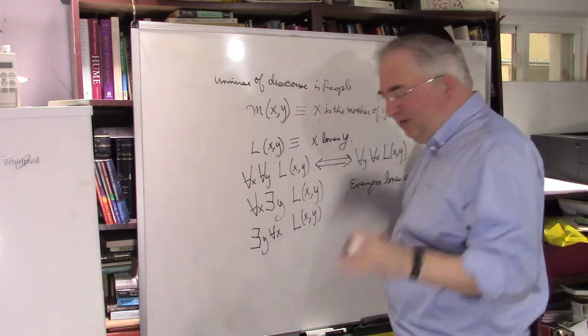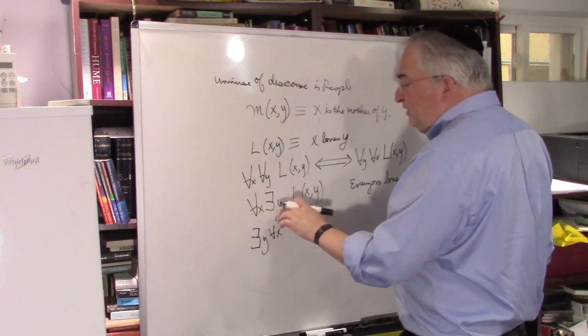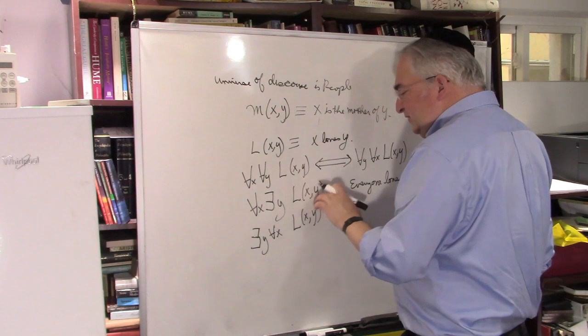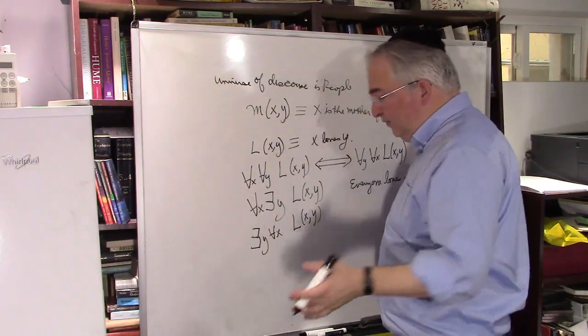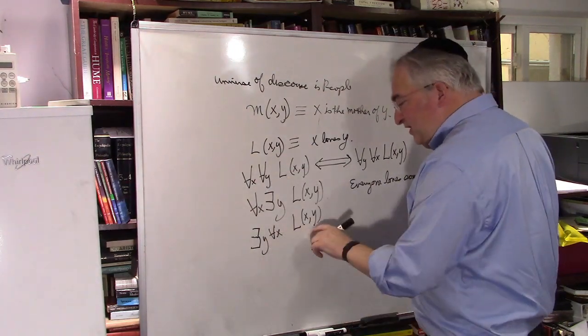Okay, this is again part of utopia. Everyone is a person, and there is some person that x loves. So in particular, you love your mother, you love your boyfriend, you love your girlfriend. Everybody has different people. It could be more than one person. This says something different.